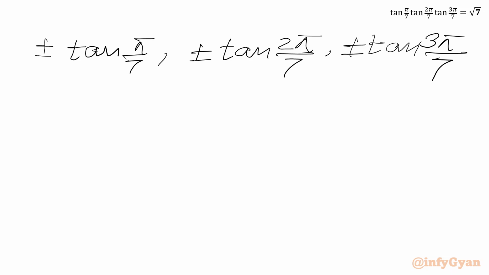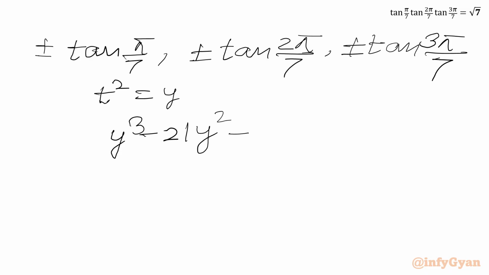Now by putting t square equal to y in our hexic equation, I can write one cubic equation: y cube minus 21 y square plus 35 y minus 7 equal to 0.